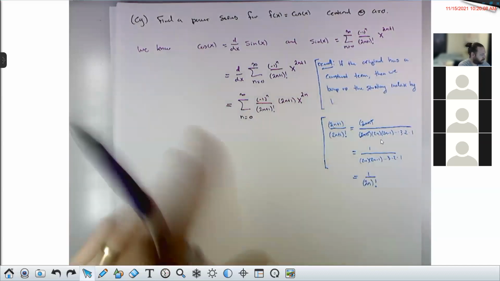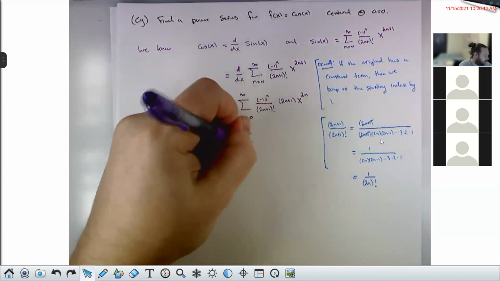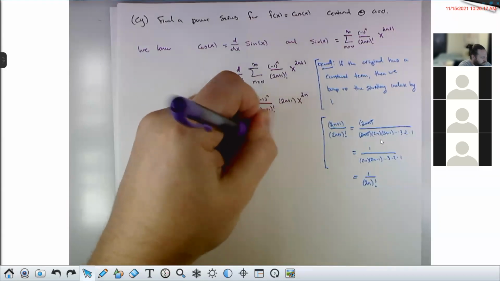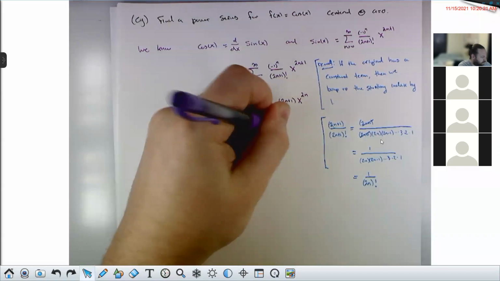So here's your power series for cosine. This is the way everybody writes it. Cosine x is sigma n from 0 to infinity, negative 1 to the n over 2n factorial times x to the 2n.